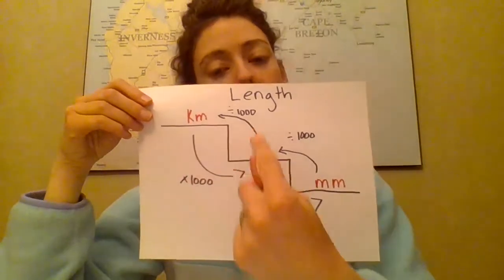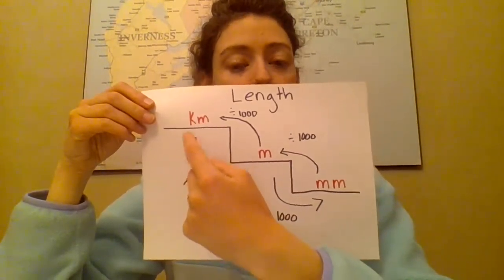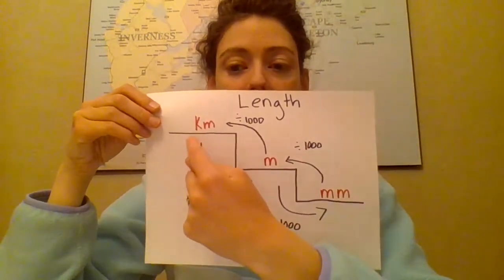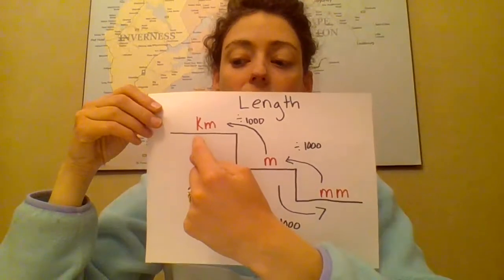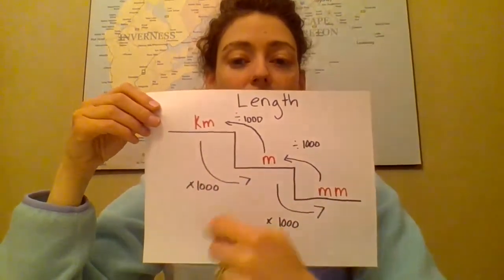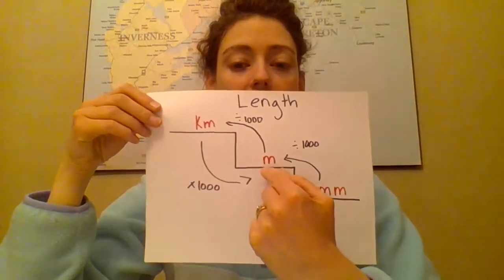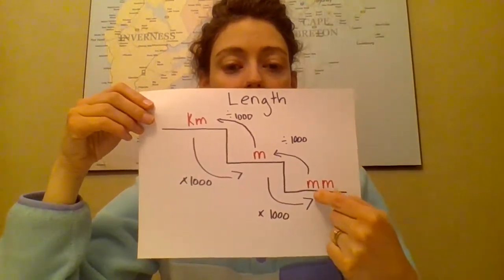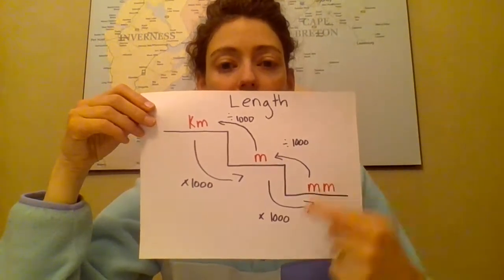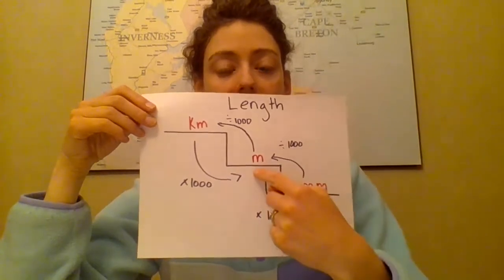And I'm emphasizing the kilo because kilo is a prefix. It's part of a word that comes at the beginning, and kilo means 1,000 times bigger. Okay, so a kilometer is 1,000 times bigger than a meter. And then millimeter, milli means 1,000 times smaller.